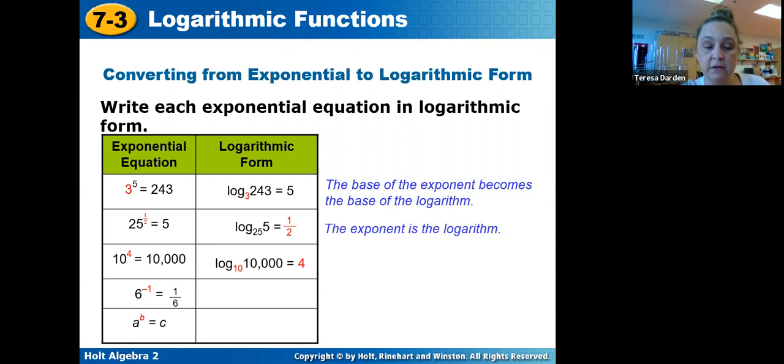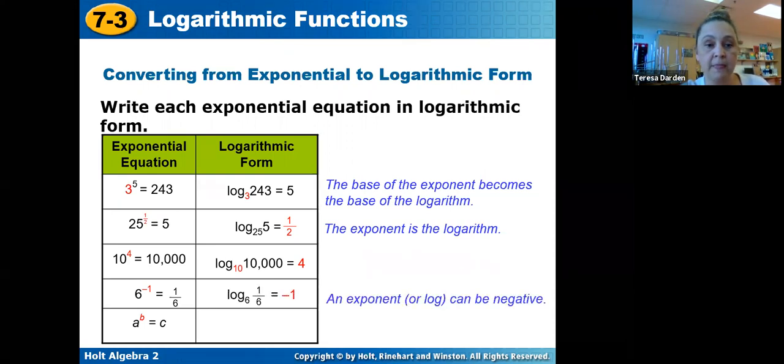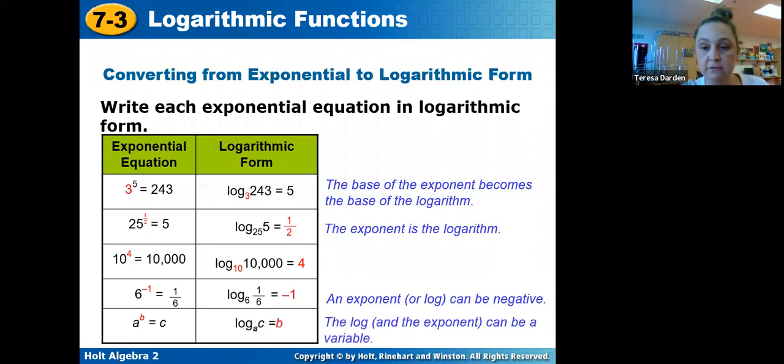Next, -1 equals log base 6. And let's try a raised to the b equals c. B equals a logarithm. What's the base of the exponential? It's a. So b equals log base a of c.